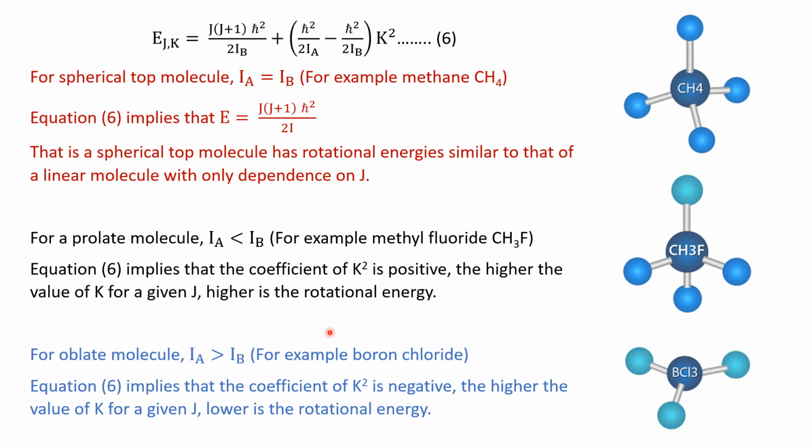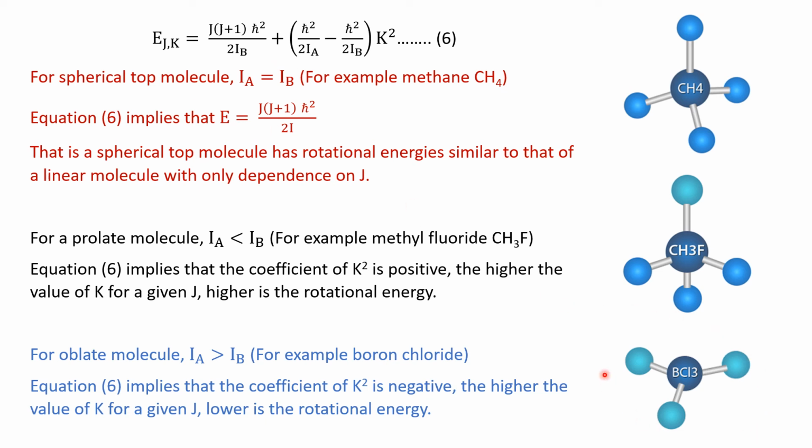Now we go to another molecule, the oblate molecule, where the moment of inertia IA is greater than IB, and the example is carbon chloride, this one. So here this IA is greater than IB, so this one is less than this one, so this coefficient of K square will be negative, and of course the energy will go on decreasing.